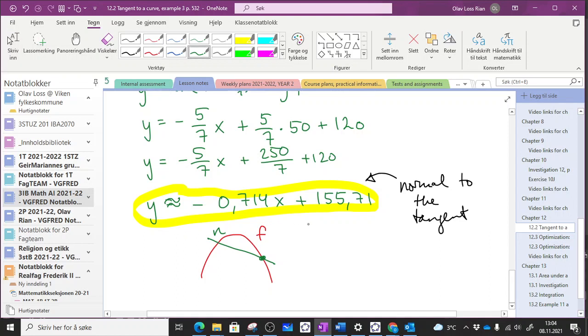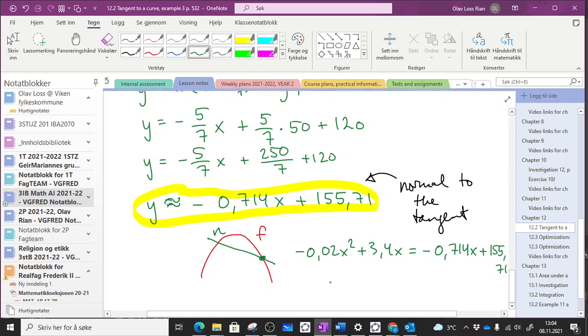So we need to set up this equation: minus 0.02x squared plus 3.4x is equal to minus 0.714x plus 155.71.